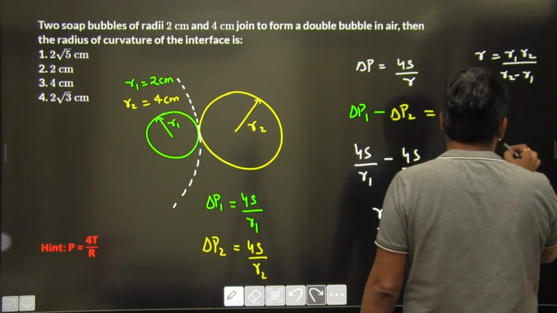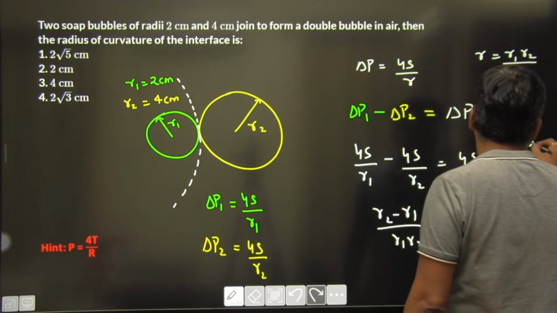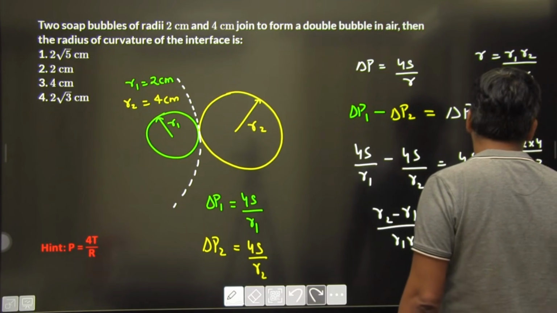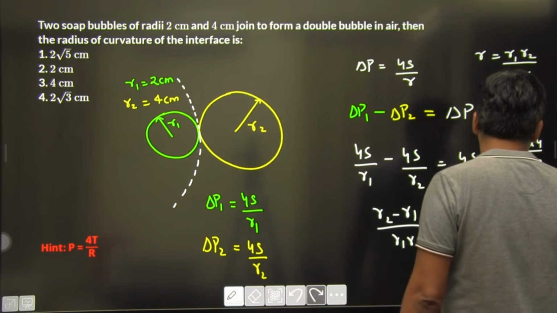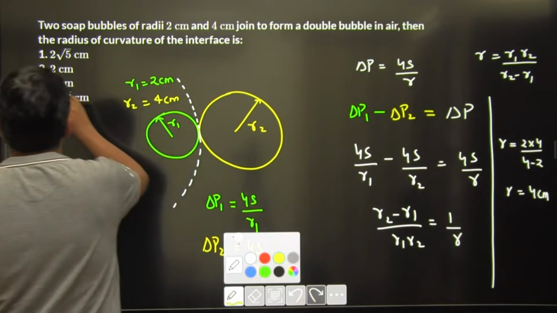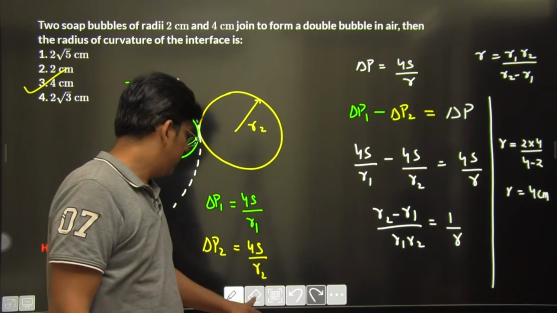What is the value of R? R1 is 2, R2 is 4, so 2 times 4 divided by 4 minus 2. So R would be 4 centimeter. The radius of curvature of the interface is 4 centimeter. Option 3 is the right answer.